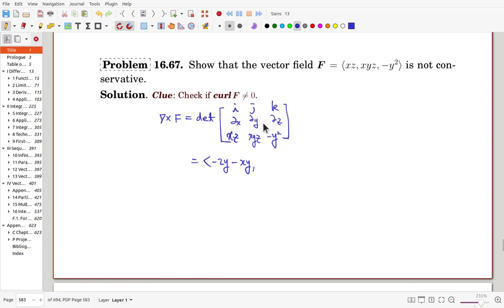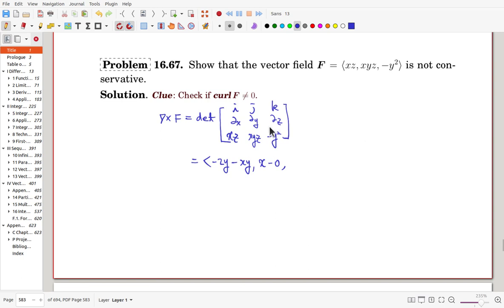For j, eliminating the row and column, the minor matrix is this. Now we start with that derivative, which is x, and minus the y derivative, which is 0.